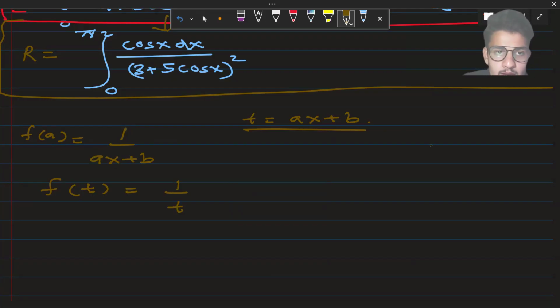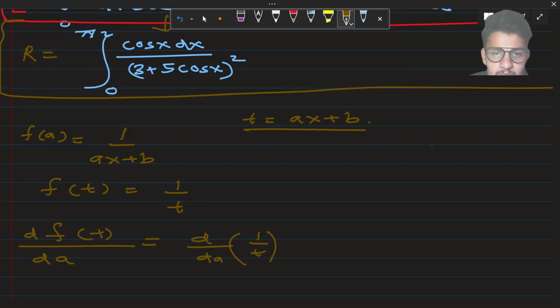Okay, now can I write this as d by da of f of t, differentiating with respect to a? So what I will write is d by da of 1 by t. Okay.